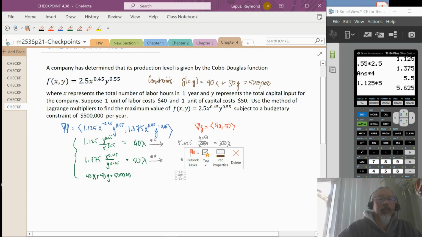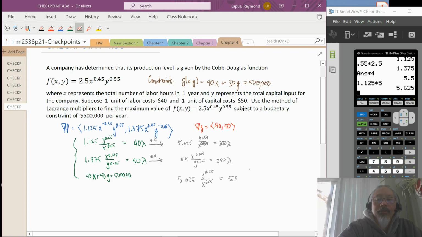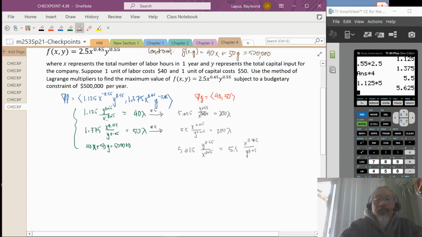We're going to get 5.625 times y to the 0.55 divided by x to the 0.55 is equal to 5.5 x to the 0.45 divided by y to the 0.45. Okay, now we have a relationship between x and y that we can combine.